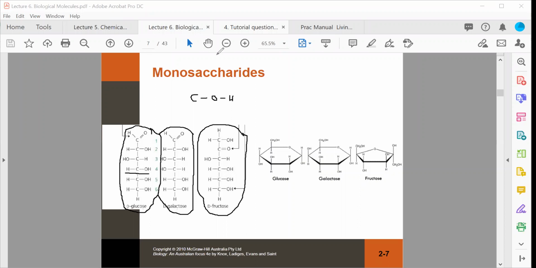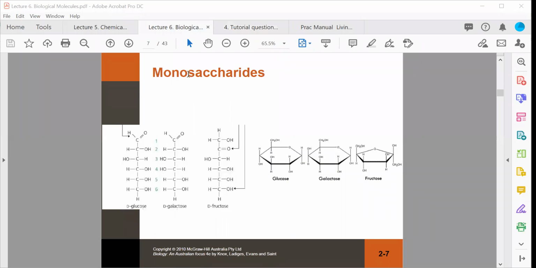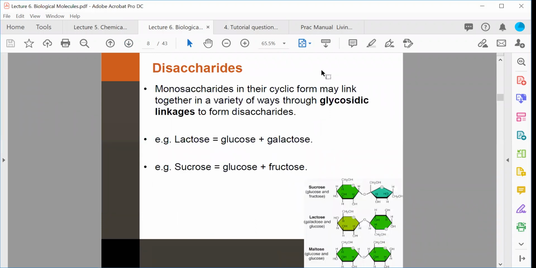All right, so that's our monosaccharides. Let me clear that. And I think it's time for a refill of that glass. What do you think? Time for a break. Sounds good. Yes. All right, let's break.